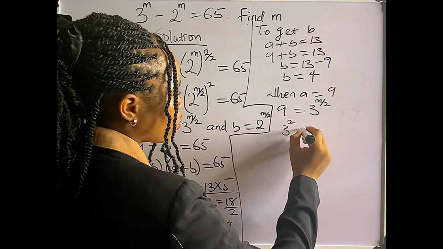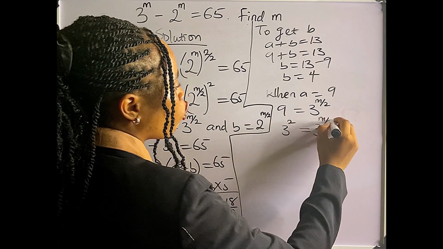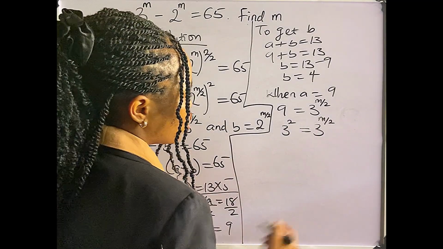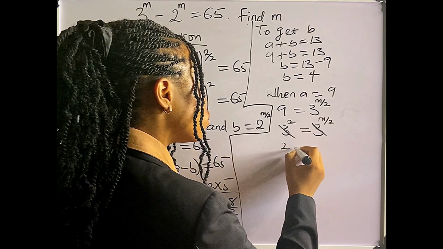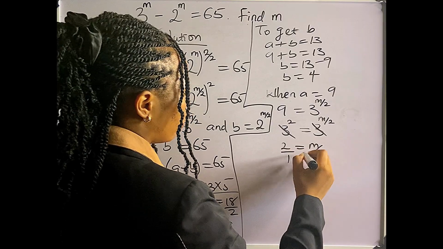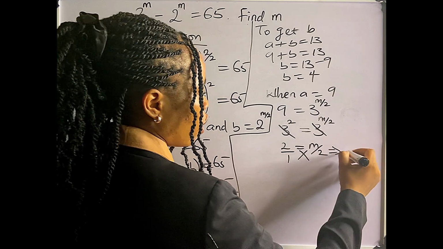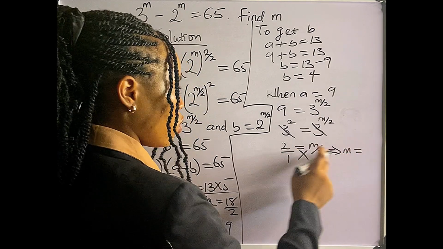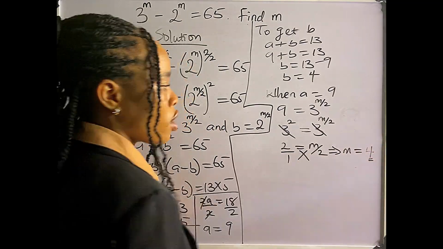So replacing 9, it equals 3 raised to the power of m over 2. Now you see that the bases are the same, so we simply cancel the base and equate the powers. So we have 2 equals m over 2. Now I'm looking for m, our base is over 1, and then cross multiply. So m times 1, which gives m, equals 2 times 2, which gives 4. So I have that m is 4.